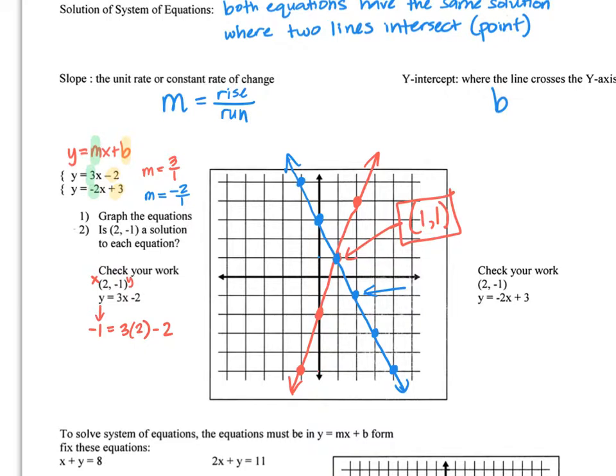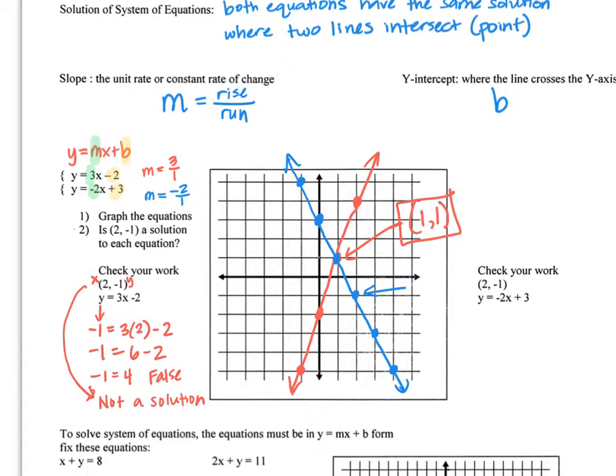So then we just work this out. 3 times 2 is 6, and then 6 minus 2 will be 4. So that's a false statement. That means that this up here, 2, -1, is not a solution. Okay? And remember, that was the first equation. That's the equation that I graphed in red.